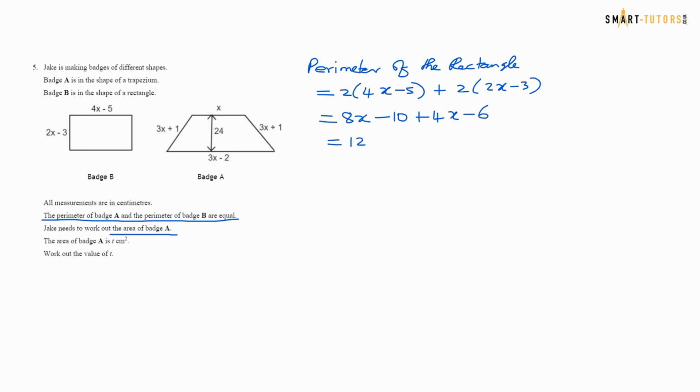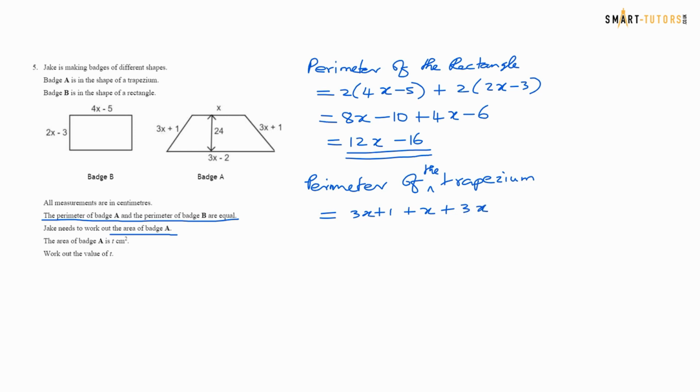So 12x minus 16 is the perimeter of the rectangle, and the perimeter of the trapezium, you add everything: 3x plus 1 plus x plus 3x plus 1 plus 3x minus 2.